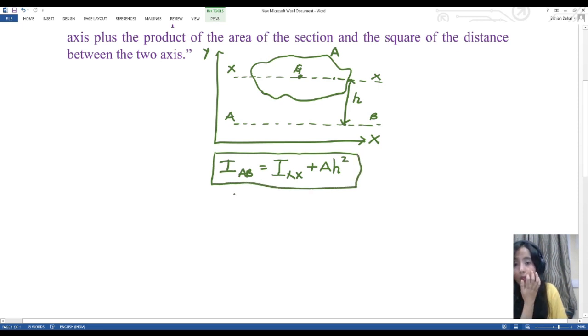Now what is Ixx here? Ixx here is the moment of inertia of the centroidal axis of this irregular section, right?